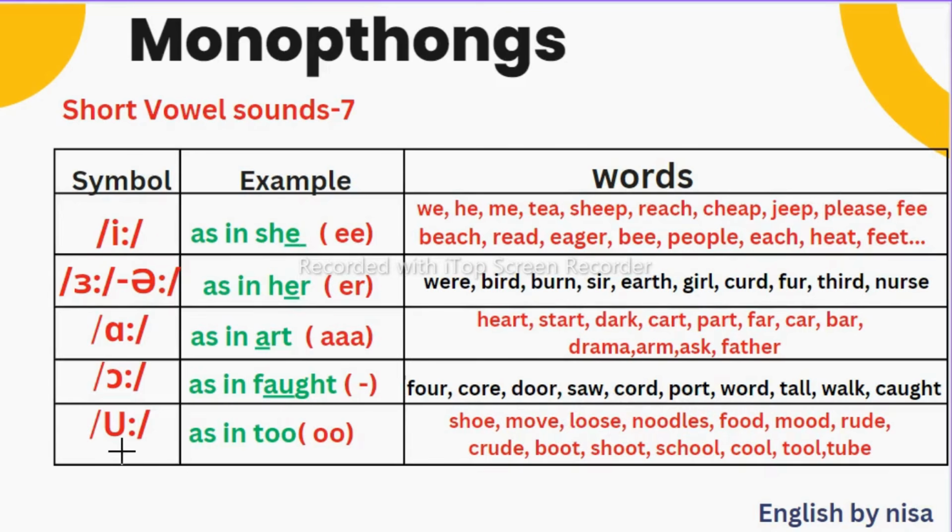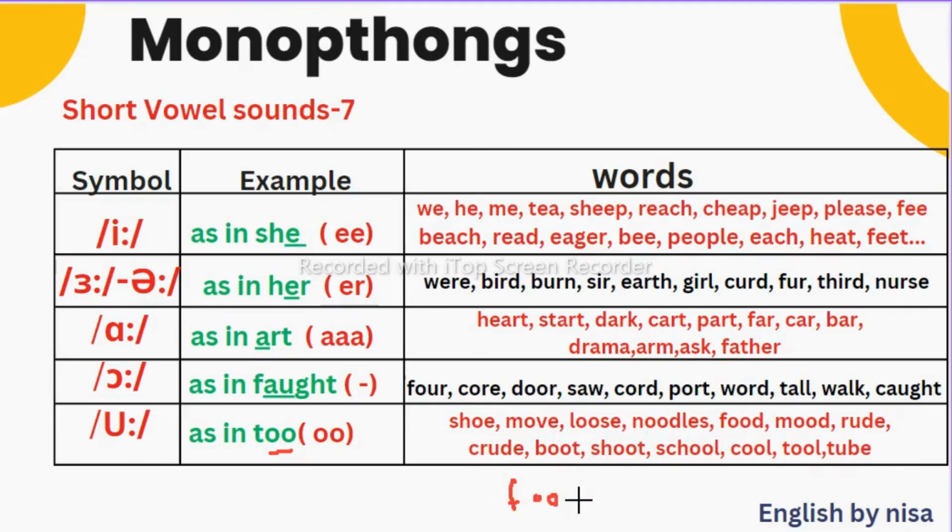Now let's see U with two dots. Before, we saw U without dots, producing the sound in good, put, took. But with two dots on this U, it gives the sound two. We have to pronounce it long, like in shoe, move, lose, noodle, and food. We had foot without dots.